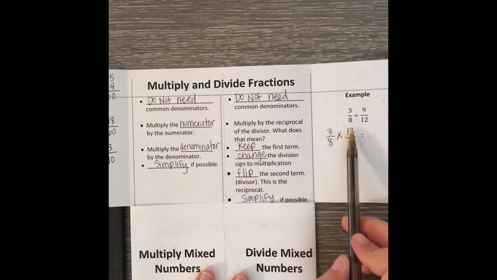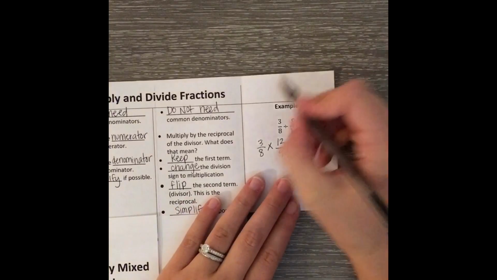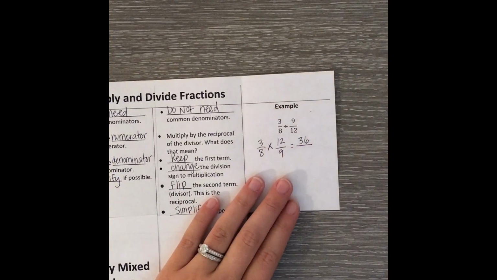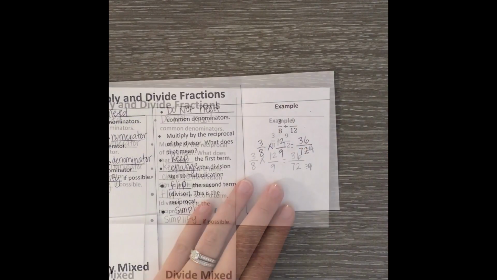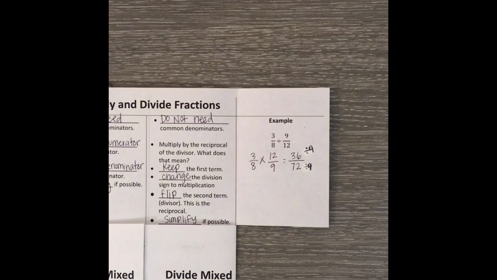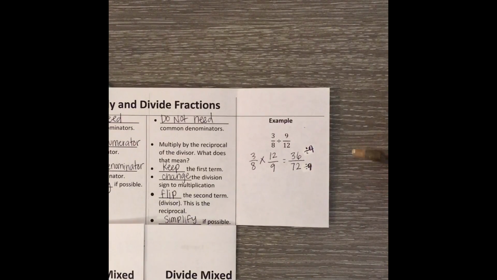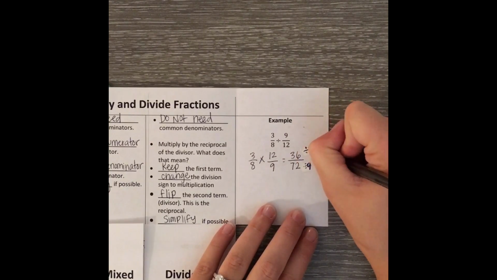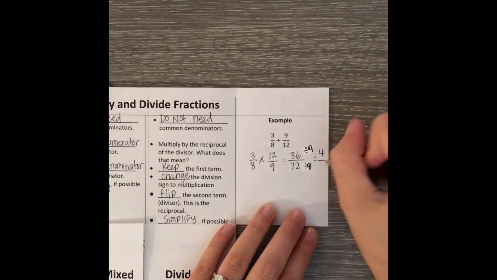So top times top, bottom times bottom. So 3 times 12 is 36. 8 times 9 is 72. Okay, so 36 over 72, we want to simplify by 9. Divide by 9 on the top, divide by 9 on the bottom. 36 divided by 9 is 4. 72 divided by 9 is 8.